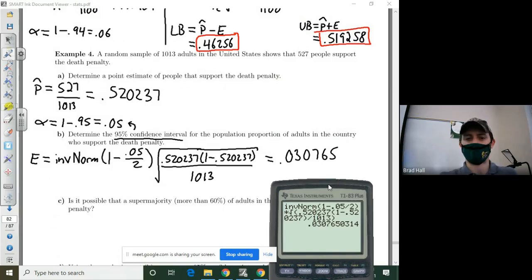I'll do 6 decimal places here. So that helps us find the error, but not the bounds. We have to do one more step to figure out the bounds here.